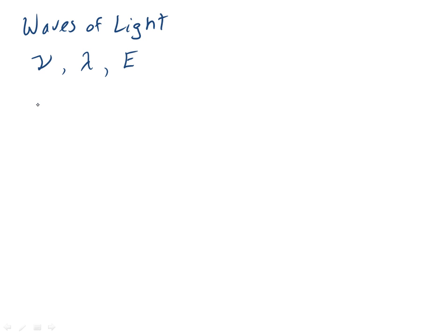So the speed of any wave, which is represented by c, is equal to the wavelength multiplied by the frequency. Now, for the type of waves we're interested in looking at in chemistry, electromagnetic waves, remember, electromagnetic waves do not require a medium to travel through.